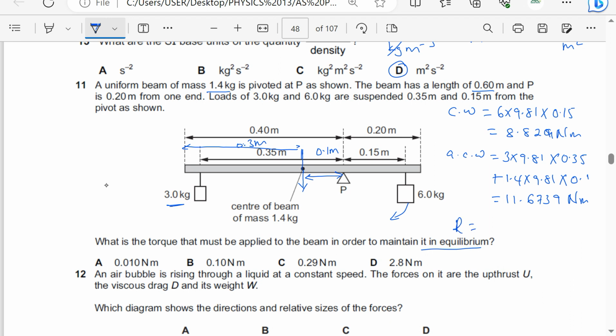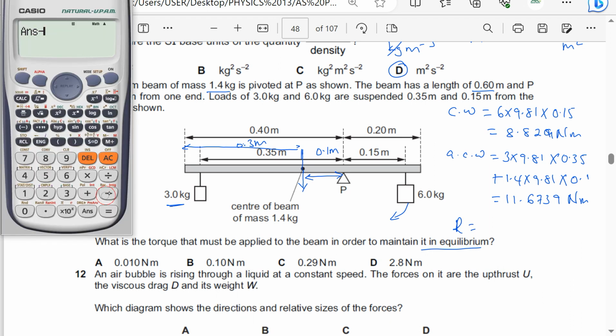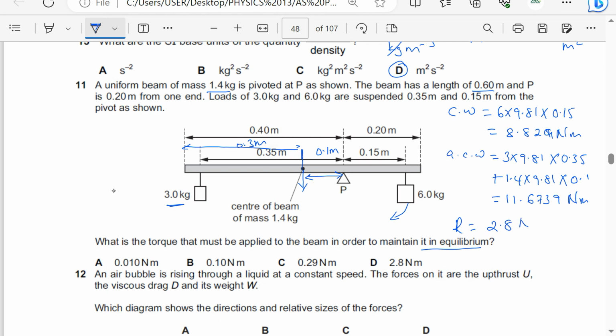The resultant is the difference. I'll just subtract 8.829, which is 2.8, approximately 2.8 Newton meters. So the answer is going to be D. That is the torque needed to maintain equilibrium. Because this is the resultant, we need to overcome that resultant for equilibrium.